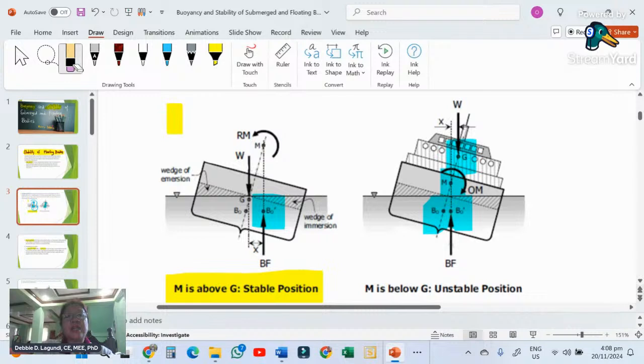Let's remove all this again and I will illustrate. Because of wind pressure, because of say waves created by other vessels, there could be tilting on the body that is floating.